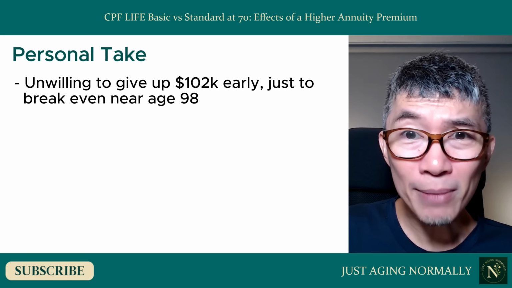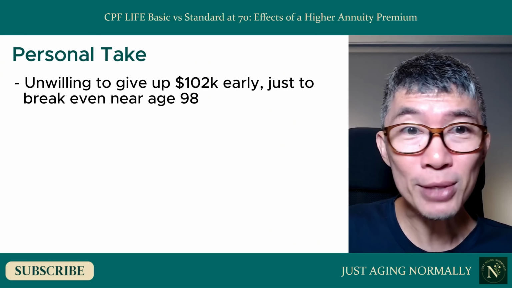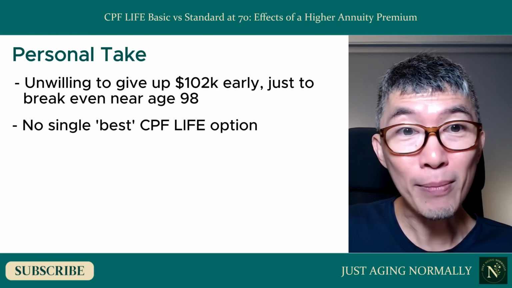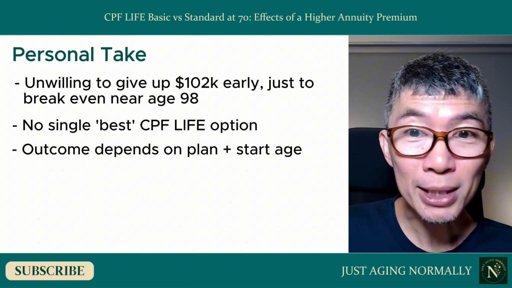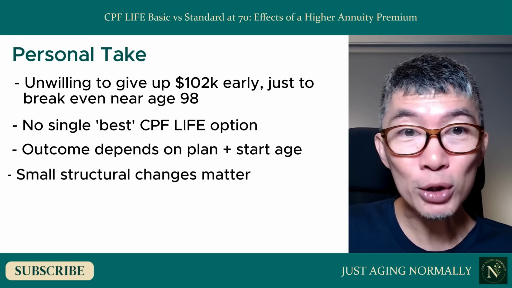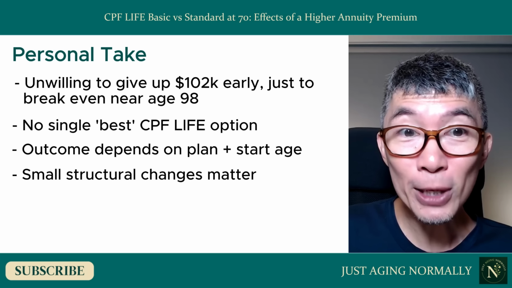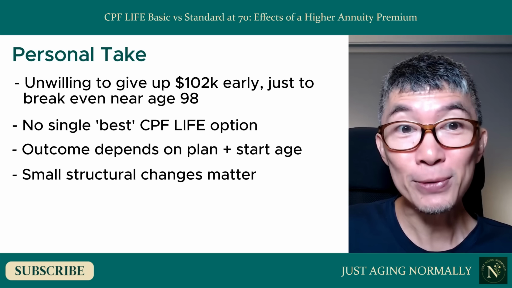So to wrap this up, what this final comparison really shows is that CPF Life doesn't have a single best option. The math shifts depending on which plan you choose and when you start. And as we saw today, small structural changes like that higher annuity premium percentage at age 70 can meaningfully alter the trade-offs.